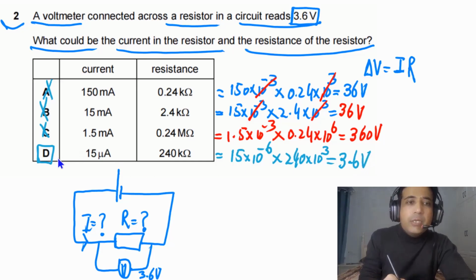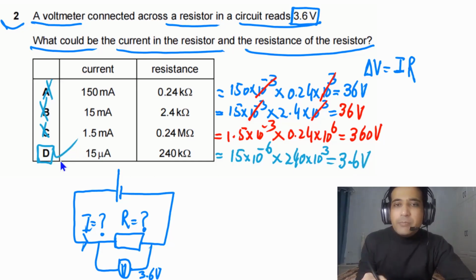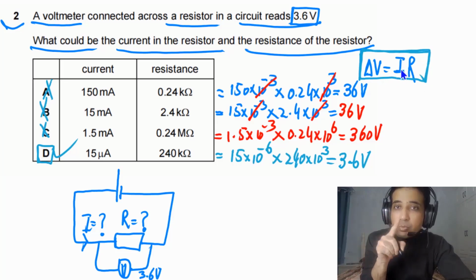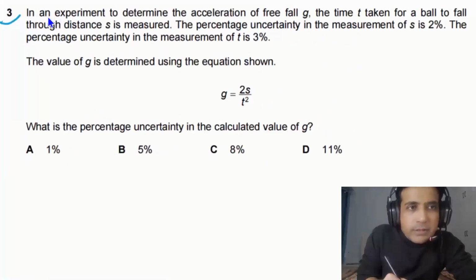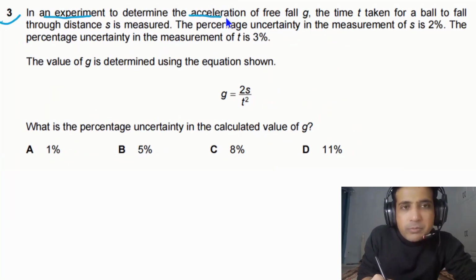So this is the answer. The main concept here is that the potential difference across a resistor is equal to the product of the current passing through the resistor and its resistance. So the answer is D.